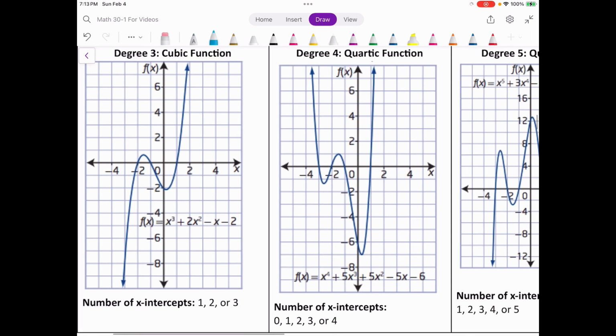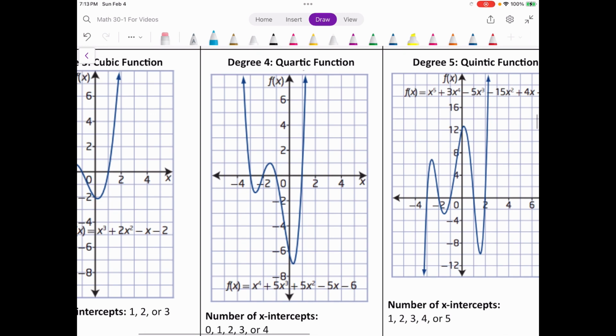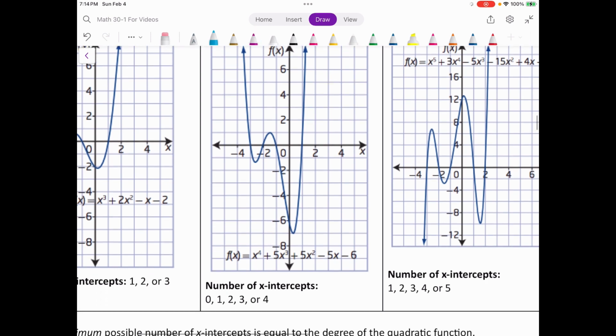Okay? Quartic function, kind of a funky looking one, isn't it? It's almost like a parabola with an extra bend in it, so to speak, okay? Now quartic, degree 4, that's an even exponent, even degree, and this could have 0, 1, 2, 3, or 4. So notice, you might start to see a pattern happening here, right?